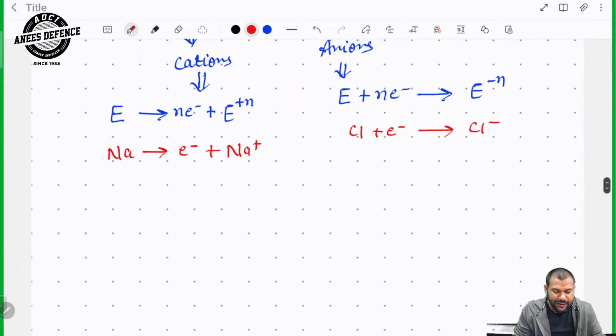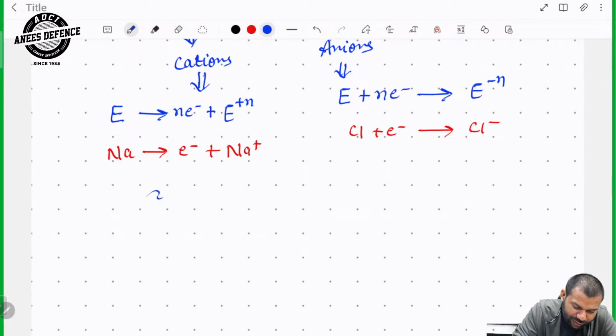Now we will try to understand how the radius or the size of the atom changes by losing one electron or by gaining one electron. Basically, we want to check how the size is changing after gaining or losing electrons, right? For that, we will check the size of the sodium atom.